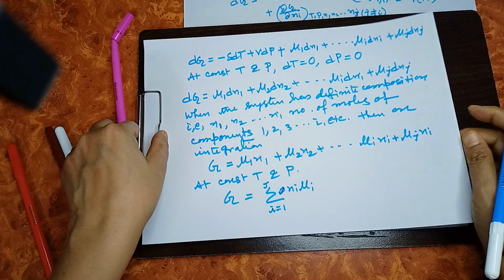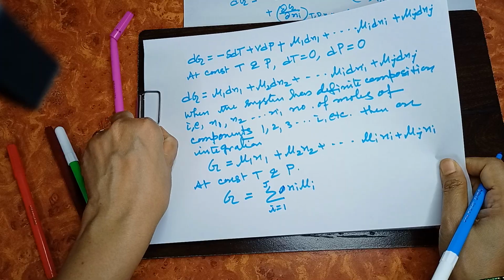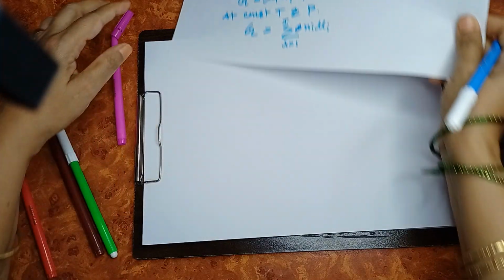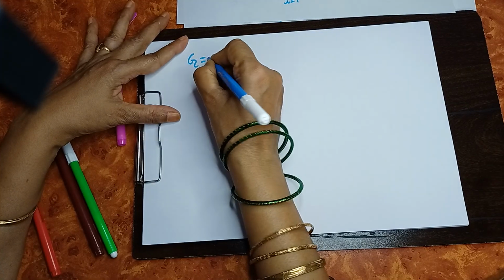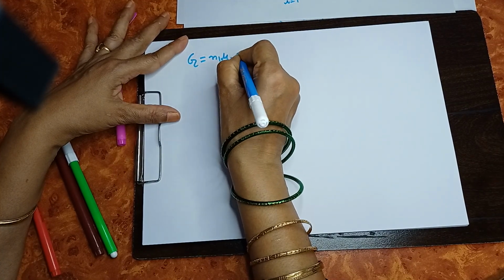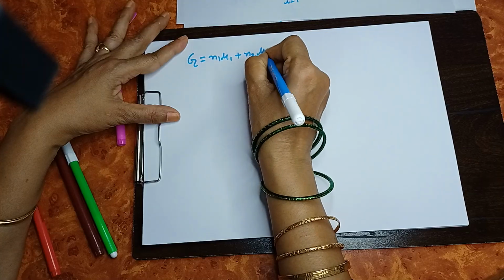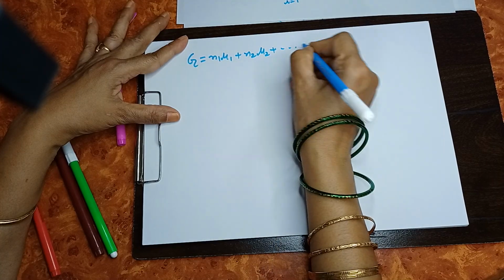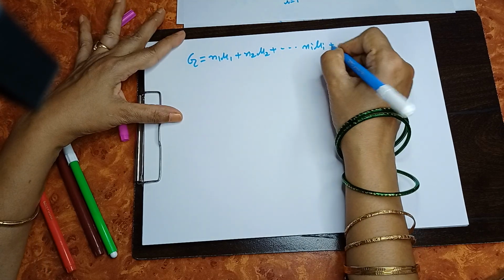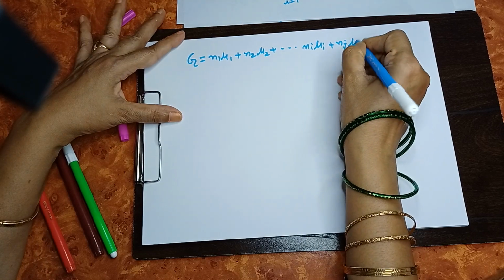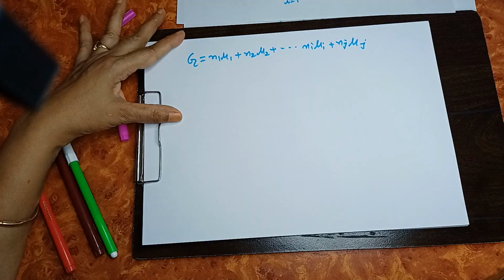My last equation is G is equal to N1 mu 1 plus N2 mu 2 plus dot dot Ni mu i, plus Nj mu j.